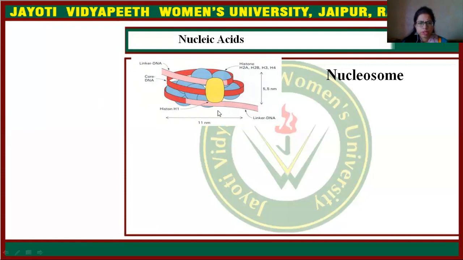Now, this structure is known as a nucleosome, and one nucleosome is bound to another nucleosome by a linker DNA along with histone H1 protein. The diameter is basically 11 nanometer, and the height is basically 5.5 nanometer.